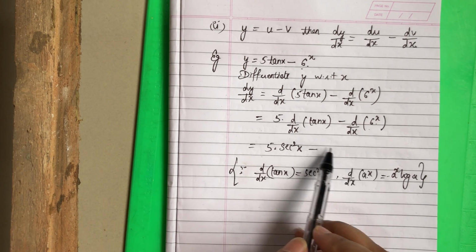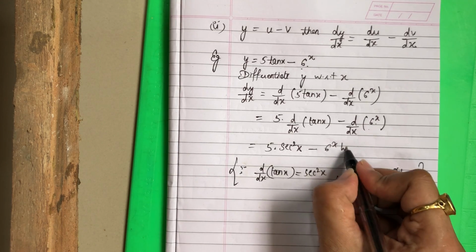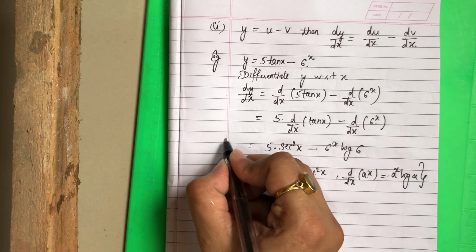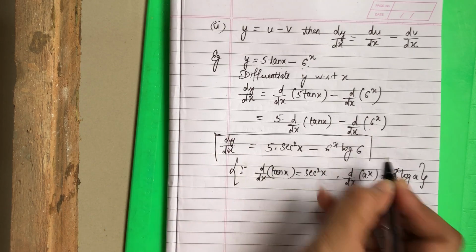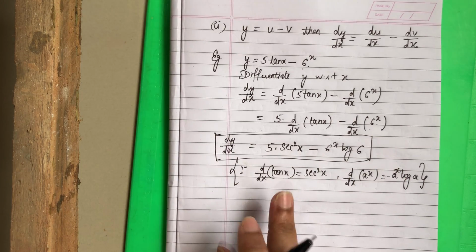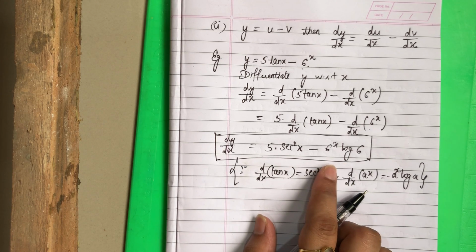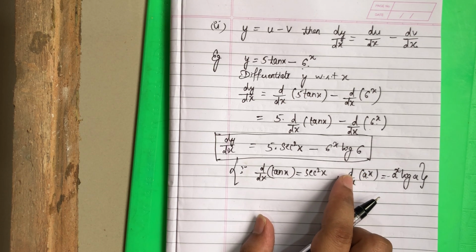The result will be 6 raised to the power x log of 6. So final answer is dy by dx is equal to 5 sec square x minus 6 raised to the power x log 6.